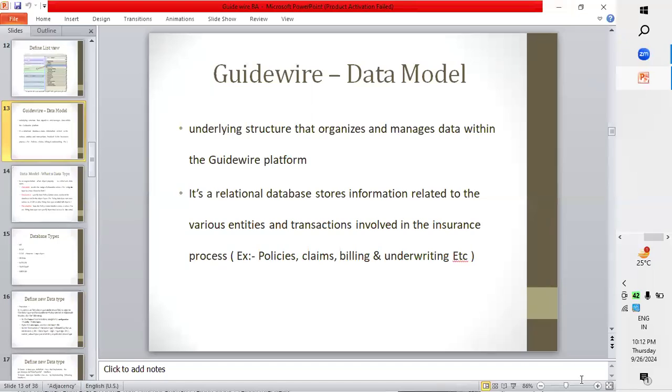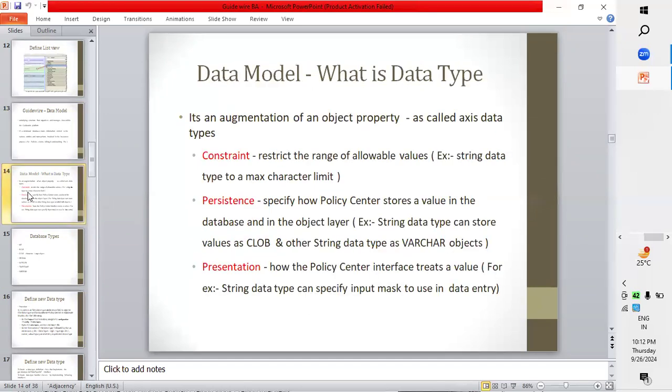This is what the data model is majorly about. Now, when it comes to the different data types we have in data models, because when we claim ourselves as a business analyst from the Policy Center point of view, there are questions we come across. What are the different types of data models we have used? People may ask you, so one should understand and be able to explain it.